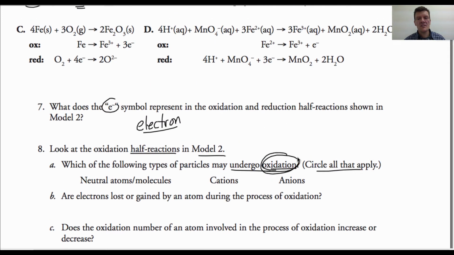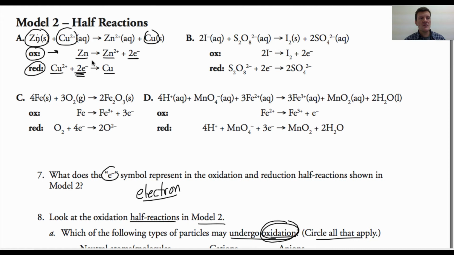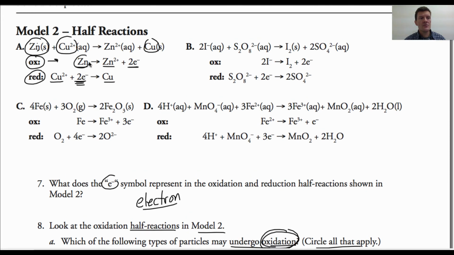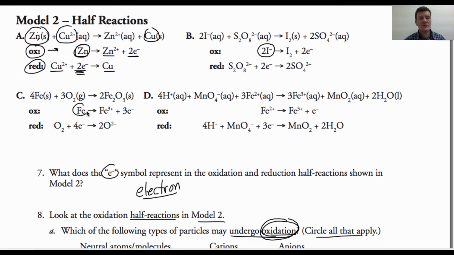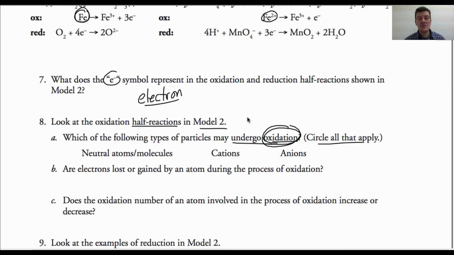So what is commonly oxidized? Well, here we have a neutral compound. Here we have an anion. Here we have, I shouldn't say neutral compound, a neutral element, a neutral atom, and here we have a cation. So it looks like neutral atoms, or molecules even, cations and anions can all undergo oxidation.